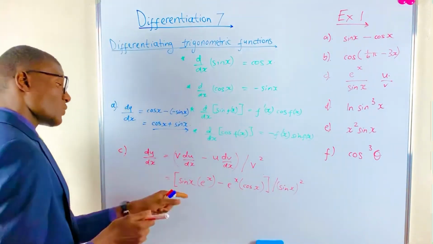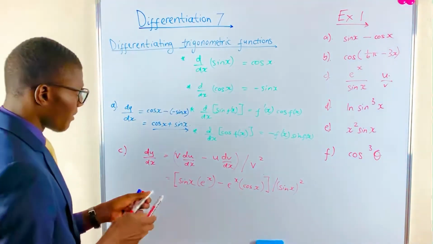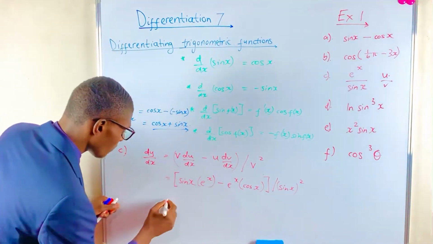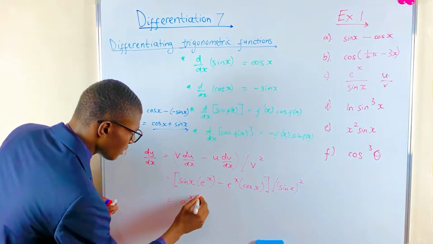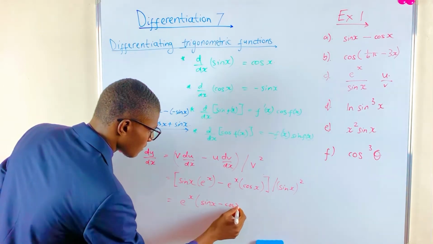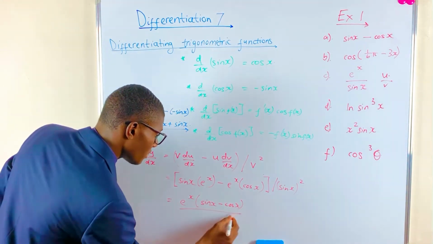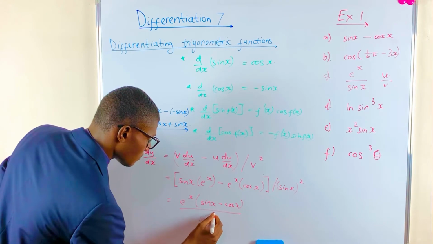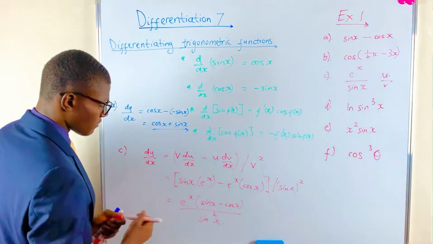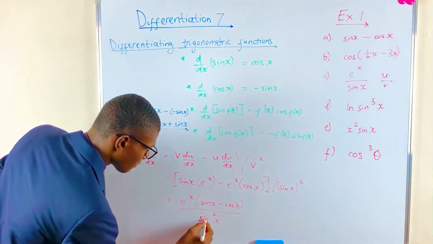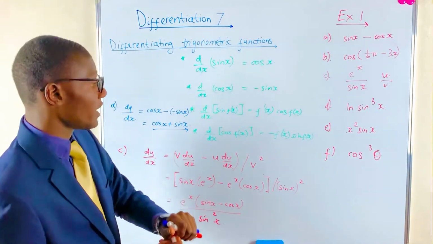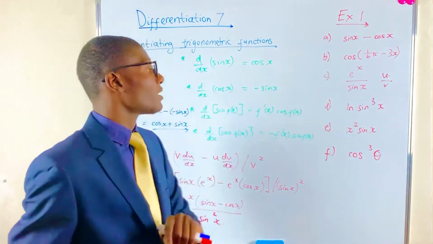So of course we can simplify that by factoring out e to the power of x. So we can factor out e to the power of x to get sine x minus cos x. Then this would be over sine squared x. So this is the result that we get for the third part.